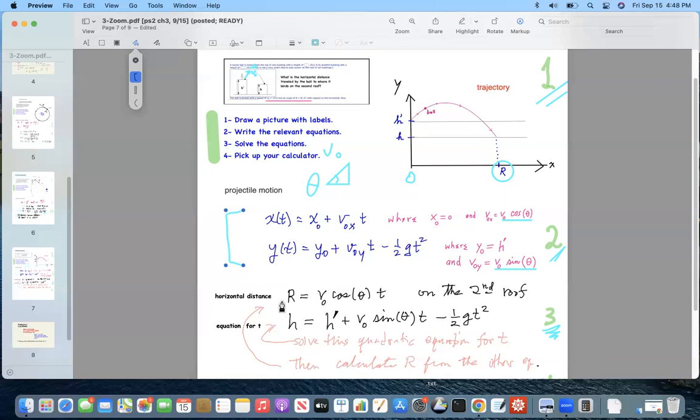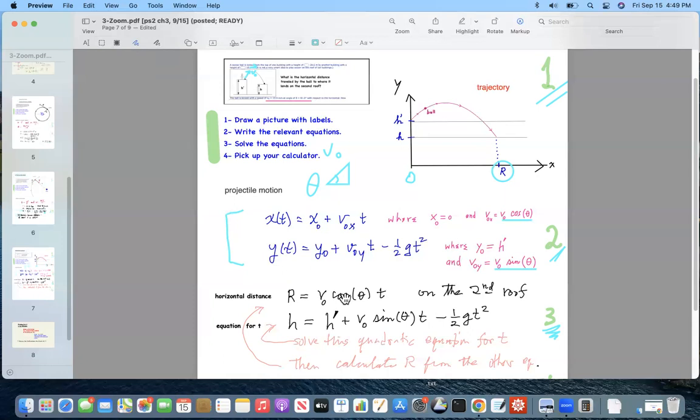So this gives me an equation in which the only unknown is t. So I can solve this equation for t. Now, it's a quadratic equation, so it's going to require solving a quadratic equation. But remember, you learned how to solve quadratic equations back in algebra. So this is a little bit of algebra. Solve this equation for t. Then once you know t, put t back in this equation.